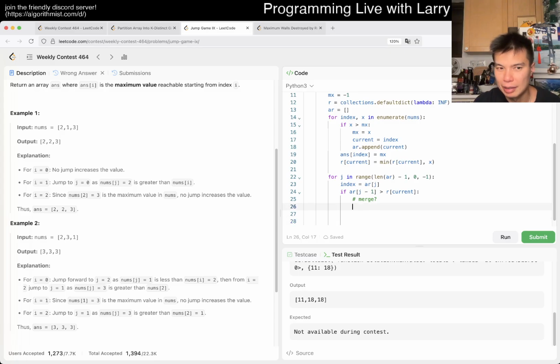Then that means that AR of, we could dedupe later, but we could just set that as equal to index.